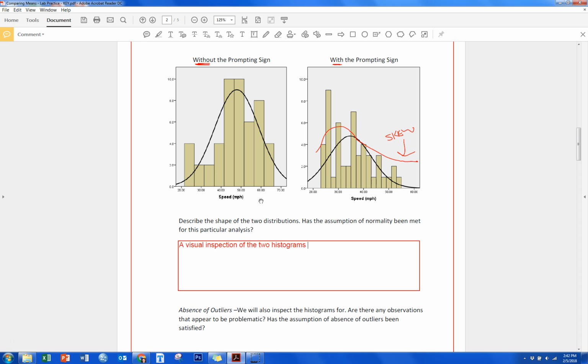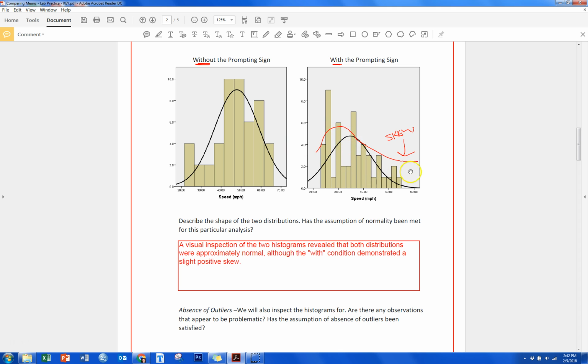Revealed that both distributions were approximately normal. So approximately normal, that's an umbrella term. That's a little bit subjective, but we're saying it's more or less along those lines. It's not a radical departure from normality. Although the with condition, right, so that's this one here, we're going to go ahead and mention that there's a bit of a skew, demonstrated a slight positive skew.